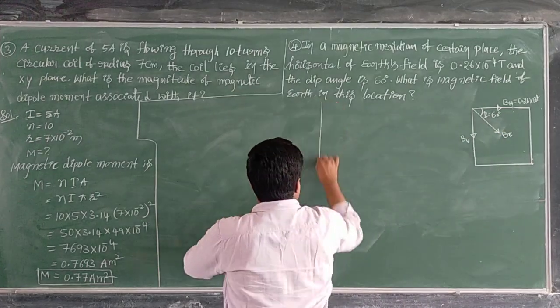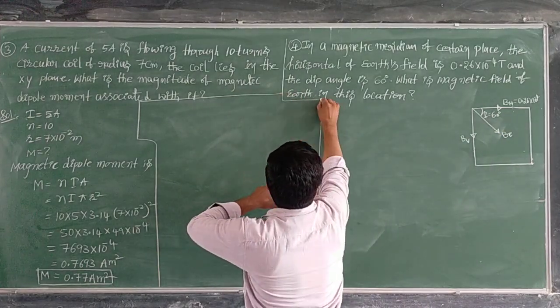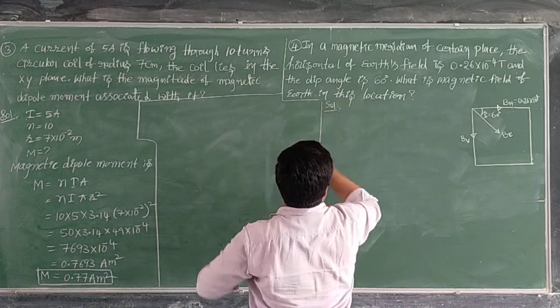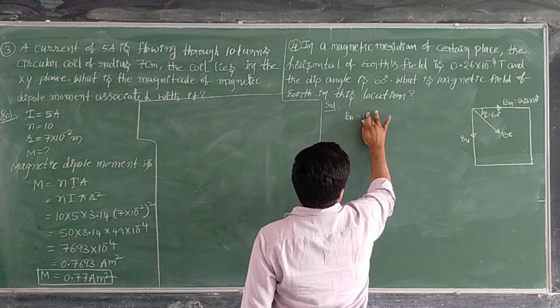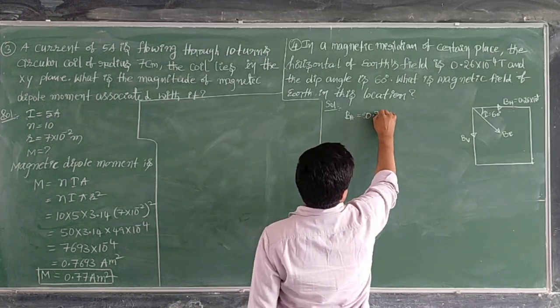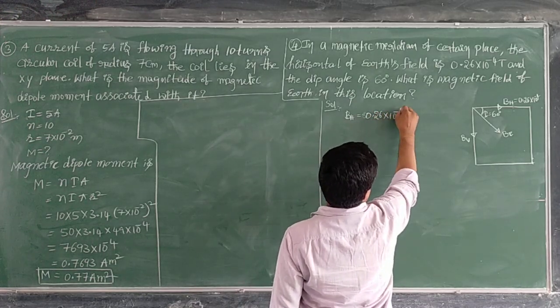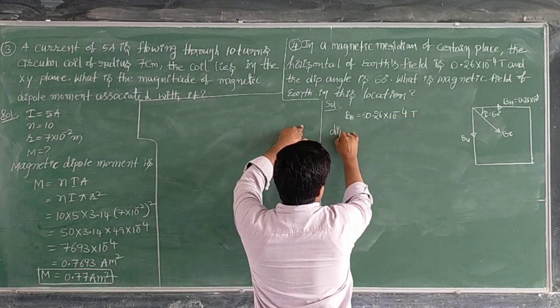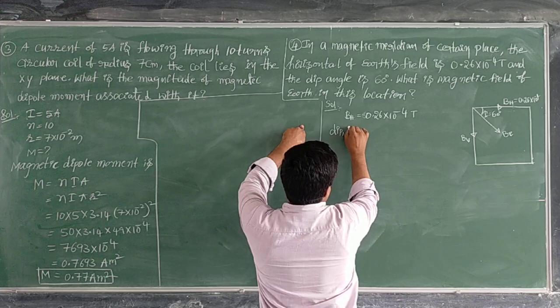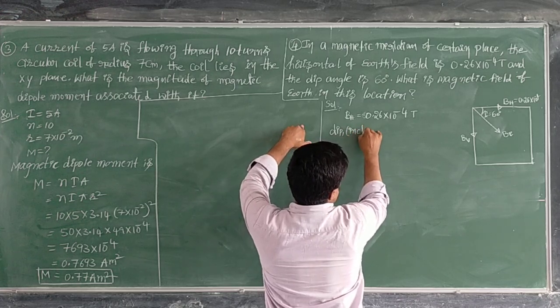Here you just see, I am ready with the solution. The horizontal component of Earth's magnetic field is nothing but 0.26 into 10 power minus 4 Tesla. Dip is also called inclination.